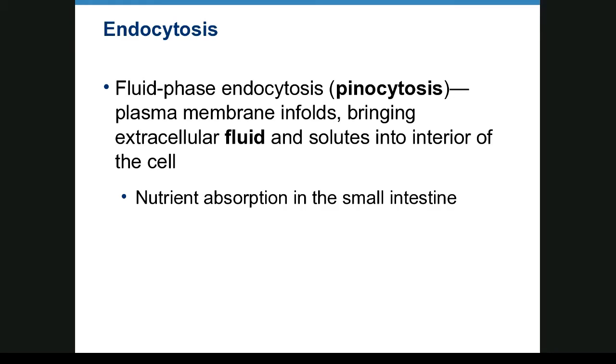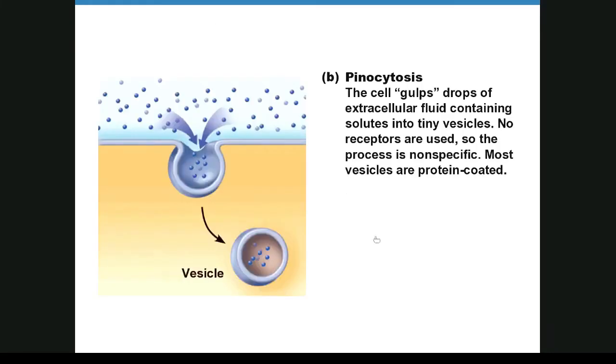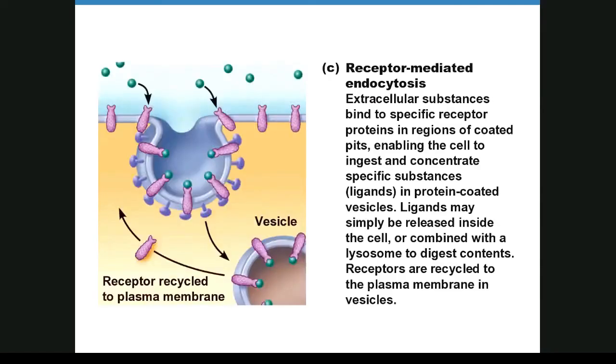So the cell has to take them in, physically eats them, and that closes up and forms a vesicle. Receptor-mediated endocytosis: you have a receptor here. This could be a neurotransmitter, for instance, that attaches here and goes into the cell. Anyway, we'll go into the neurotransmitters later.